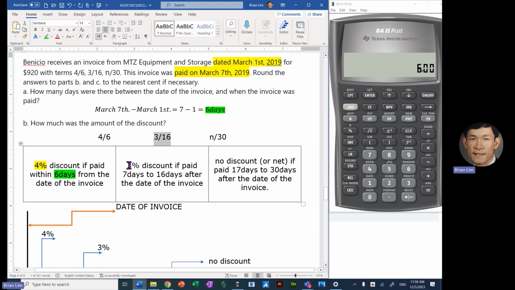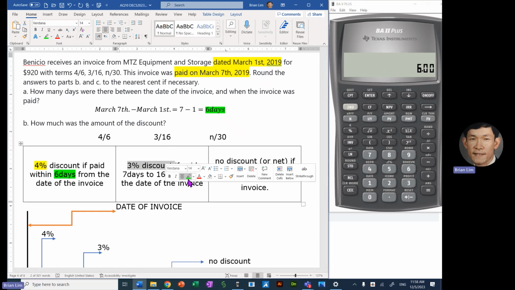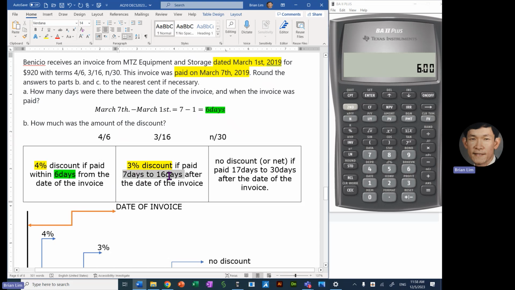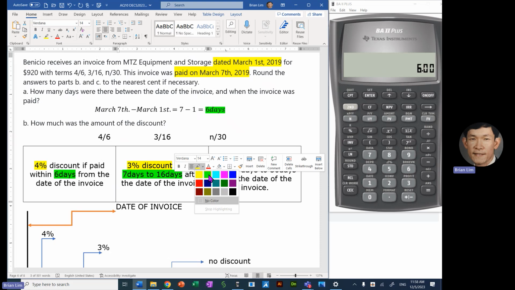3/16, you probably would anticipate by now, would be a 3% discount. It's after 6 days, so day 7 to day 16. So that is what that period will cover.